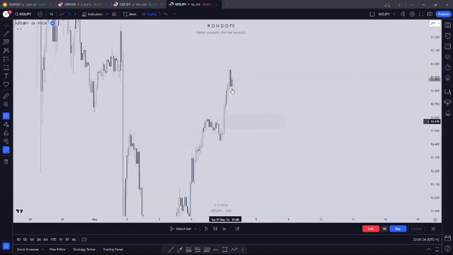So we know fully well price is going to come back to this fair value gap, right? And probably to 50%, not necessarily the whole fair value gap. But this serves as a reason to validate my POI, right?